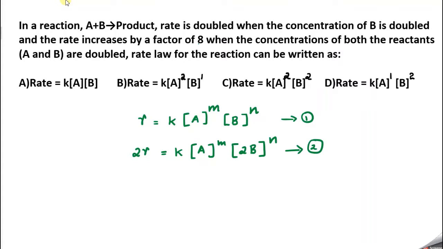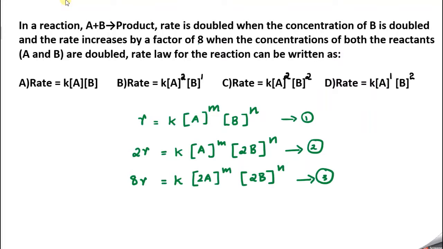This is equation 2. Now the next statement says that the rate increases by a factor of 8. That means it becomes 8R when the concentration of both got doubled. So this is 2A to the m, and this is 2B to the n, and this is equation 3.